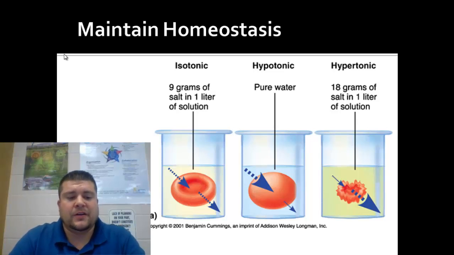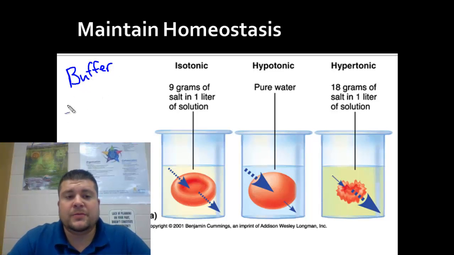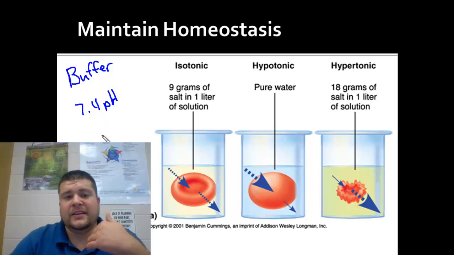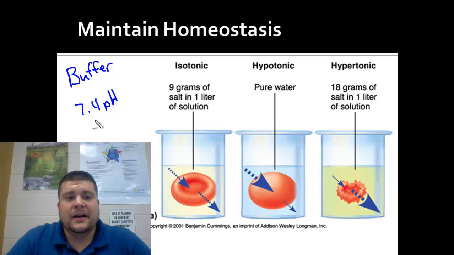We also use something called a buffer. So our blood is supposed to be at a 7.4 range of pH, and to maintain that, even though we eat acidic things or basic things like coffee, or we drink lemon juice and lime juice and things like that, our blood needs to maintain that 7.4 pH.